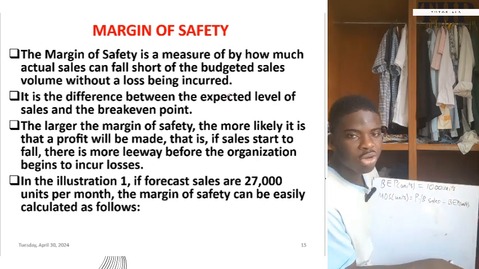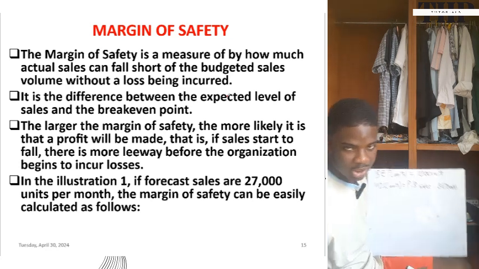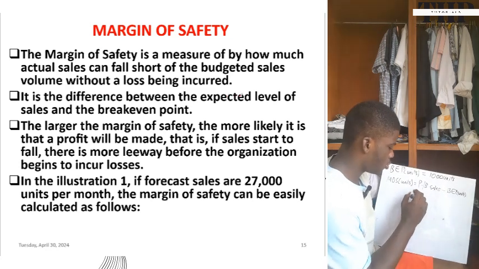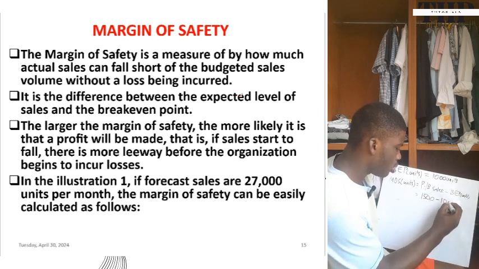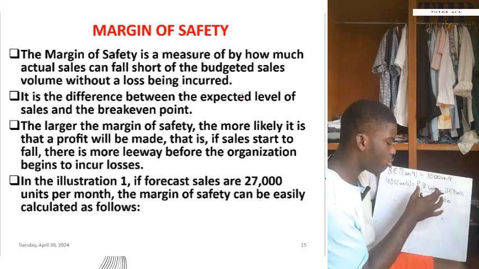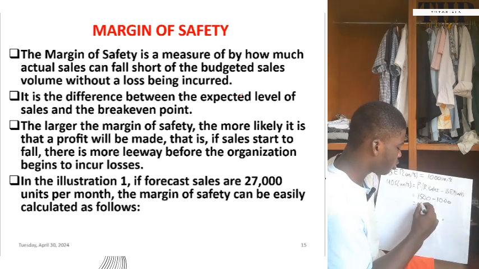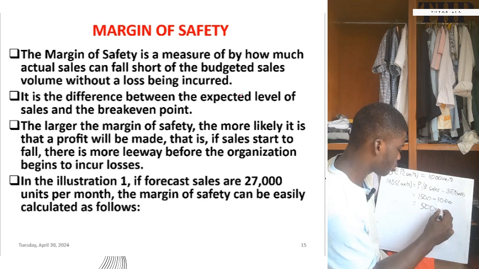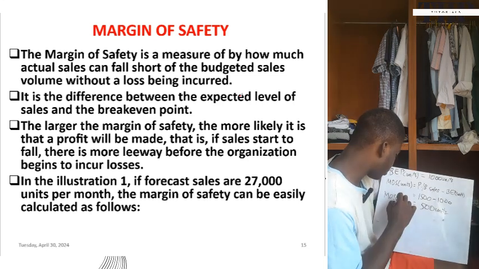So let's say we make our projected sales 1,500. To get our margin of safety in units, we just subtract the break-even point from the projected or budgeted sales. That gives us 500 units. So our margin of safety in units becomes 500 units.